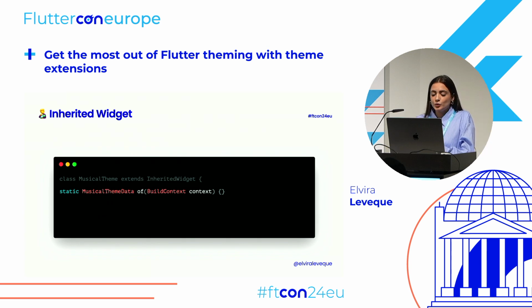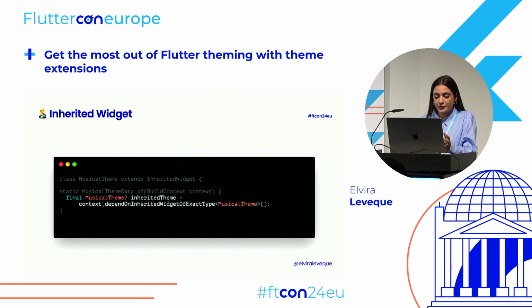And last thing, you need to implement a method that can be called anywhere in the app, and that will return the theme data. Typically, such a method in Flutter is called of, so we are going to follow the same convention. What you do inside is first look for the nearest instance of the type of your theme.